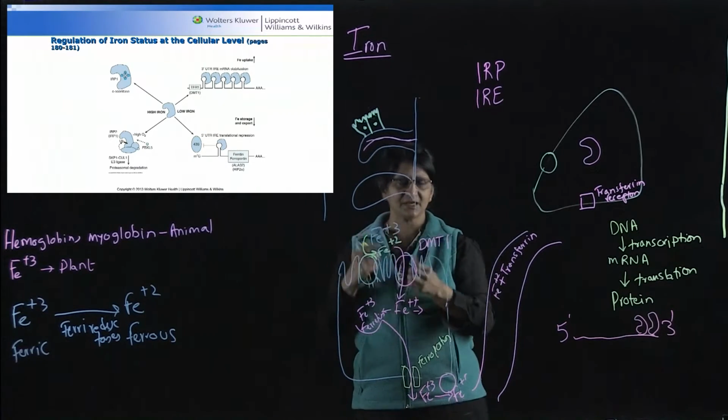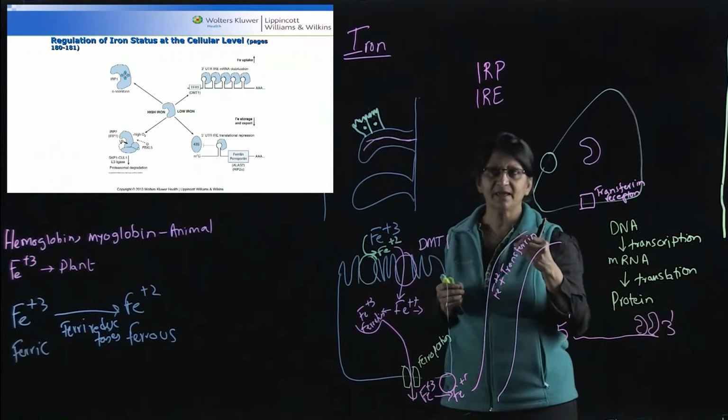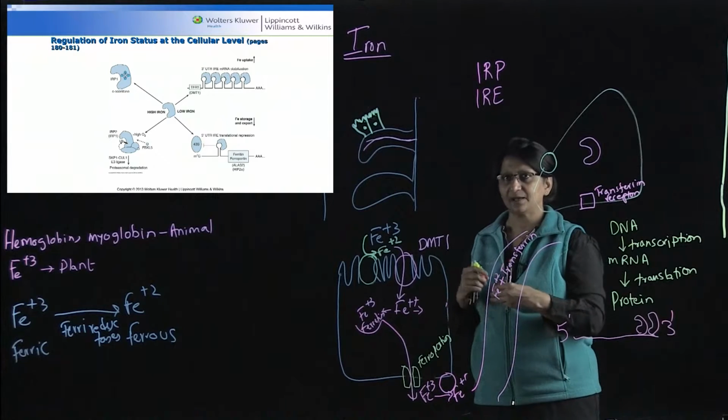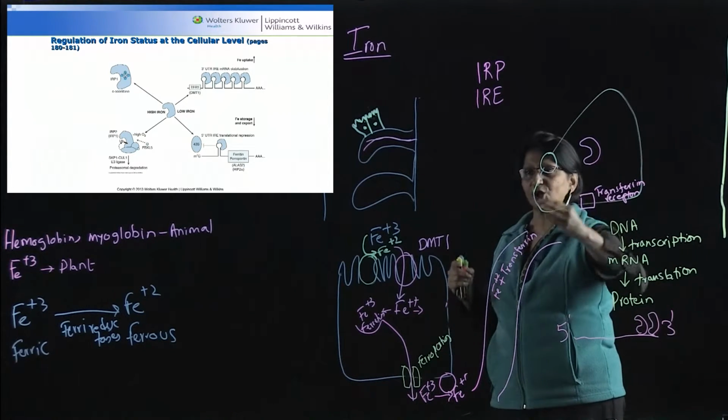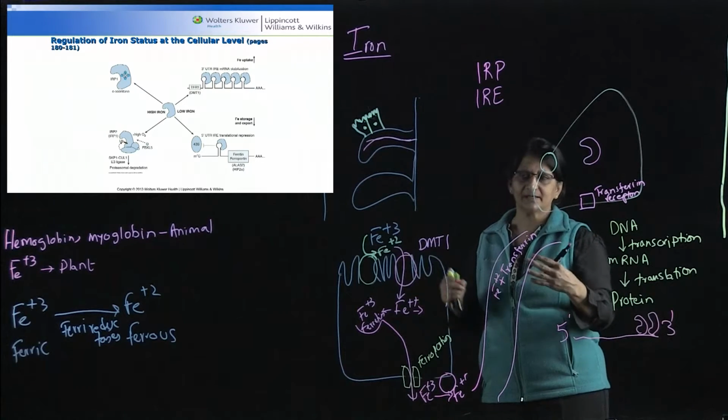Now, think about that for just a second. One way in which iron uptake can be regulated is that if you have low iron, then the goal should be to increase the amount of iron in a cell.